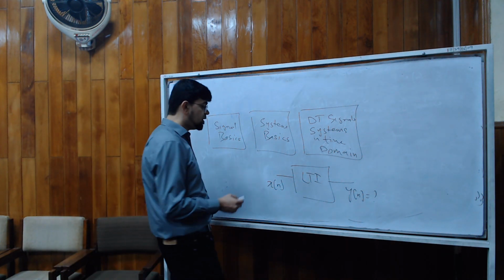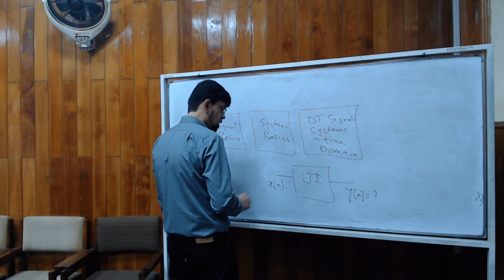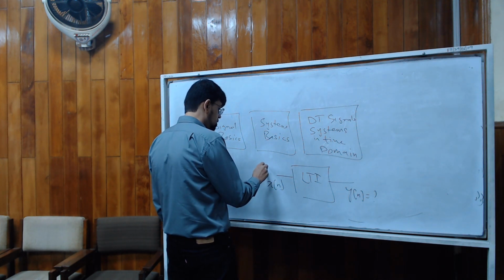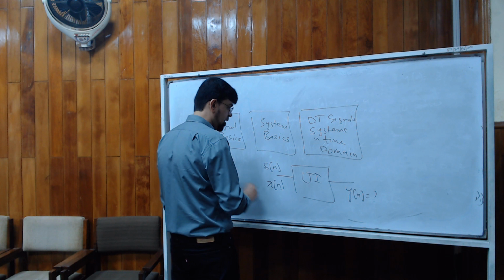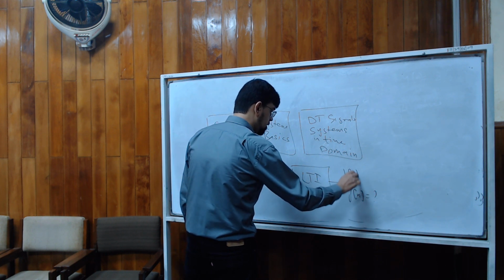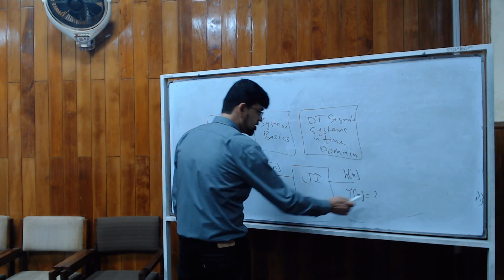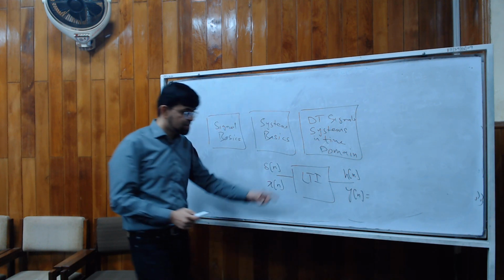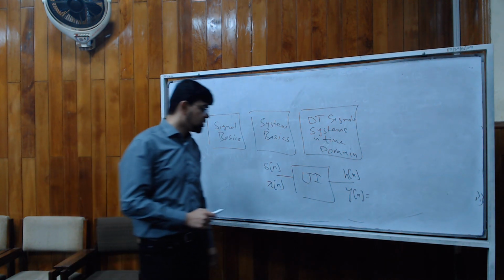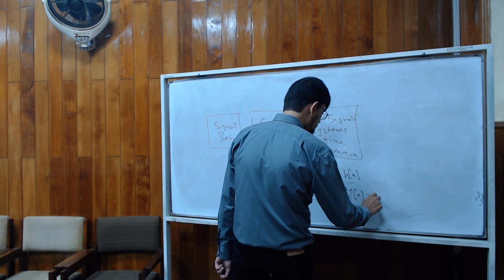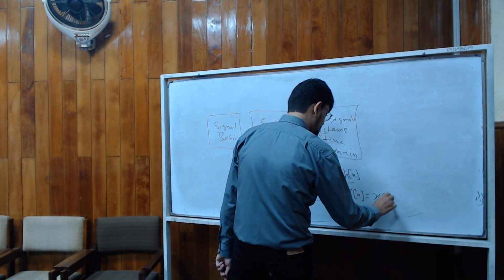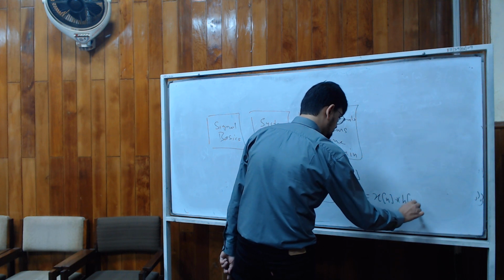We concluded that what we needed for LTI systems was to give it a nudge, an impulse, call the response an impulse response, and that impulse response will then help us answer this question. It would be a convolution of the input with the impulse response.